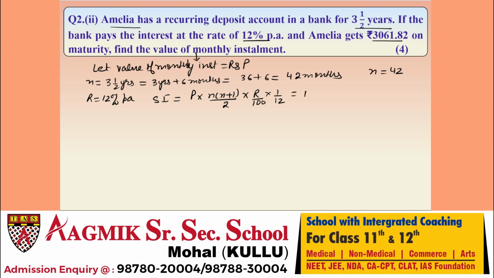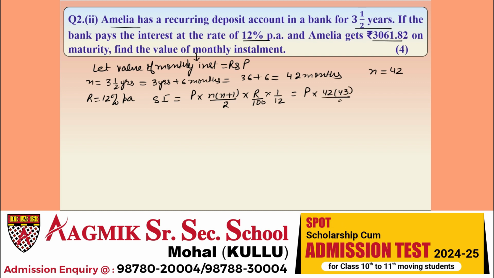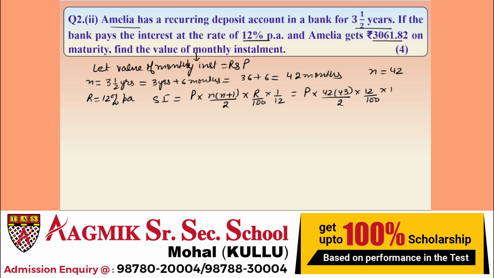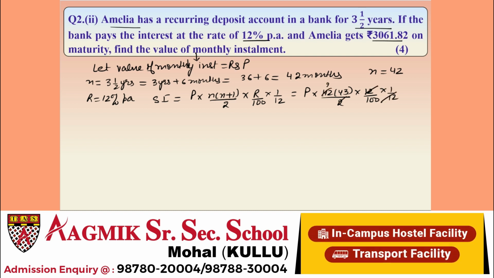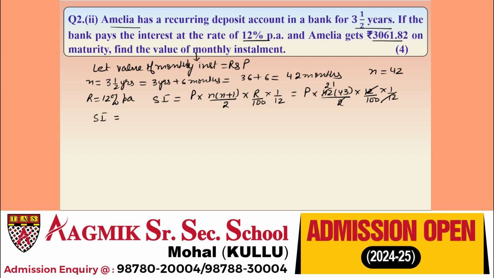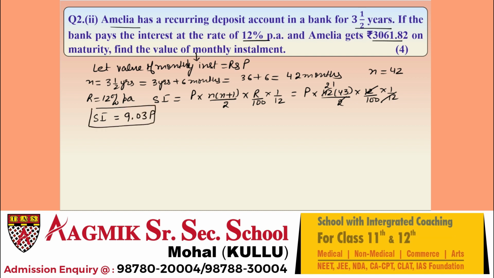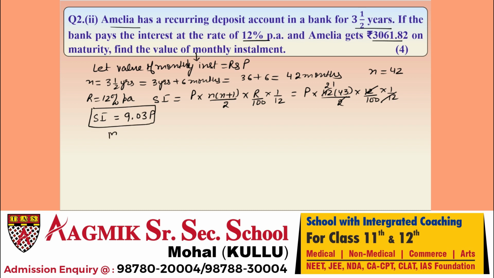So this will be equal to P times 42 times 43 divided by 2, times 12 over 100 times 1 over 12. 12 gets cancelled, so this is 21. So therefore simple interest will come out to be, after solving, 9.03P.